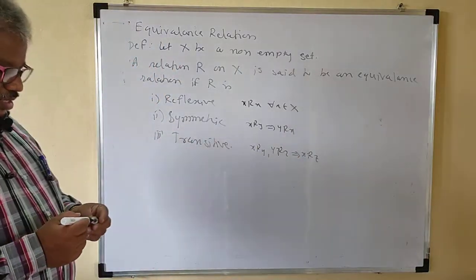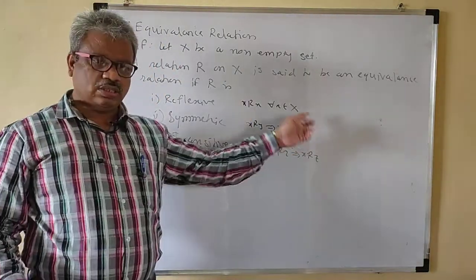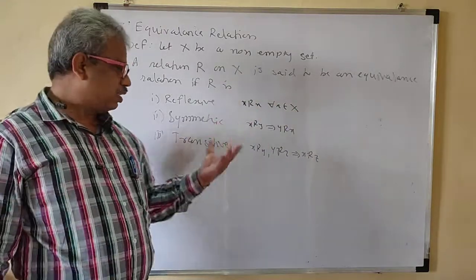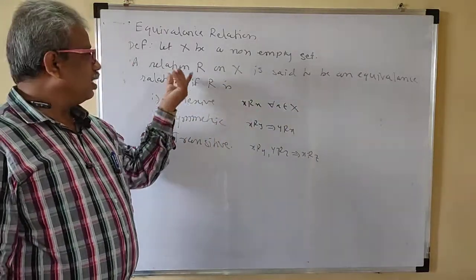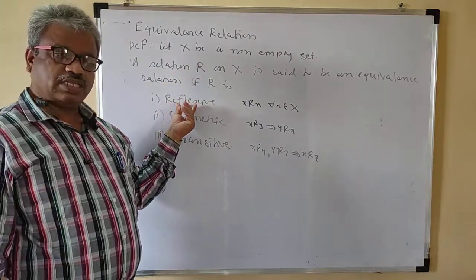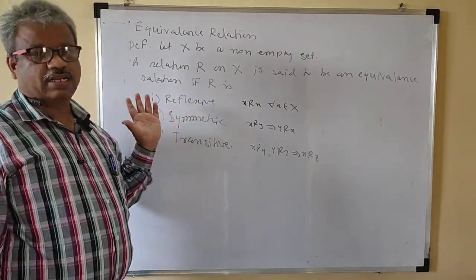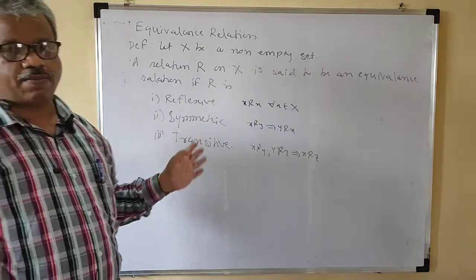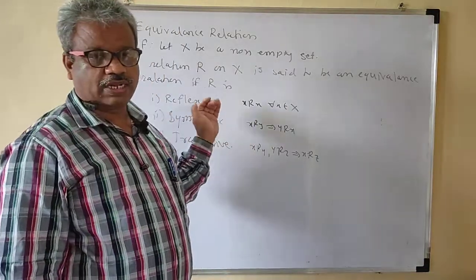There is no need to write all of this. Just simply write: a relation on X is said to be an equivalence relation if it is reflexive, symmetric, and transitive. All three should hold for that relation.